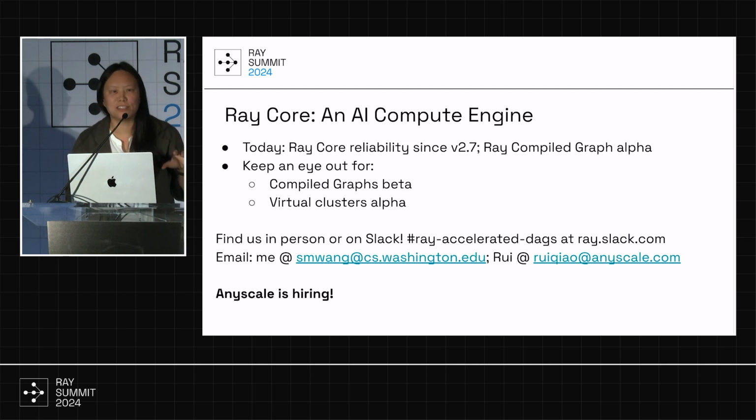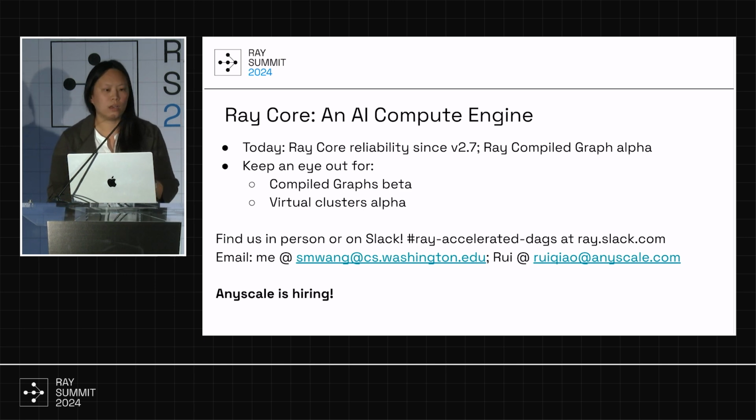Again, this is a little bit of a work in progress, but what we would like to support is to be able to get a system level exception on the driver as you would in any case. We already have that today actually, but you don't get as good of an experience on the root cause. It'd be great to know that the root cause was that this particular actor died.